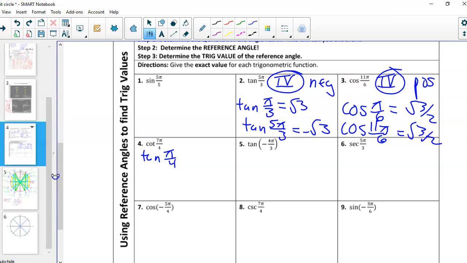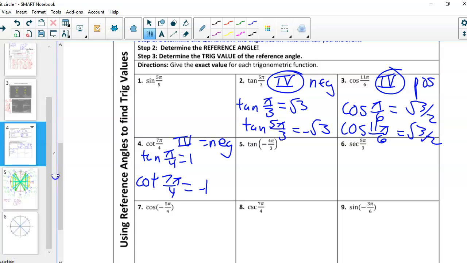You may need to look back at your table. 1. 7 pi over 4 is going to be in which quadrant? 4th, where we know tangent is negative. So if you flip 1, it's still 1, it's just going to be negative. So cotangent of 7 pi over 4, that was a bad example, sorry. I wanted one where it actually flips.